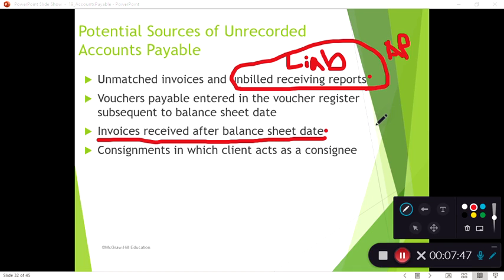A lot of times the invoice might show what date the goods were shipped, and then you can look to see if the client actually received those goods as of the fiscal year end. If we're talking about FOB shipping point, then the day it was shipped is the day that matters, right? So if the supplier shipped it before year end, then the client would have to recognize those as a liability as well.